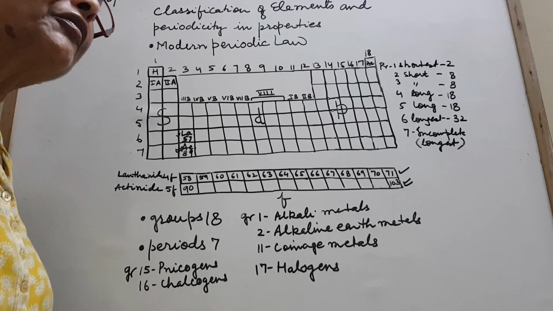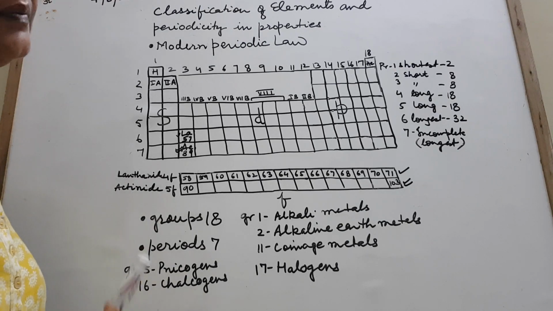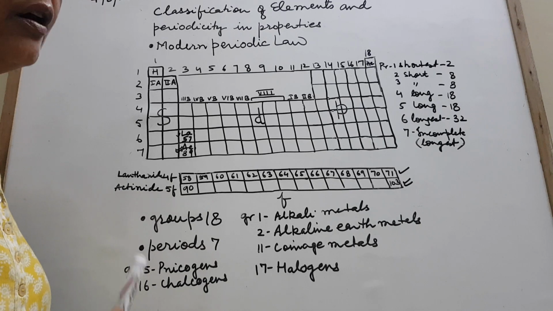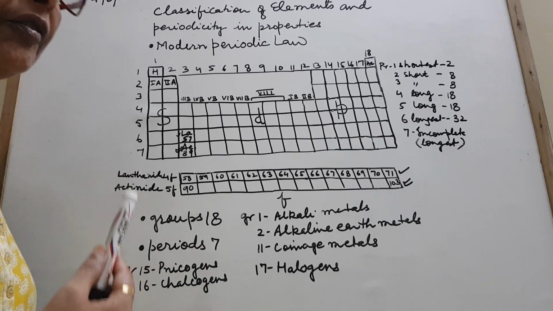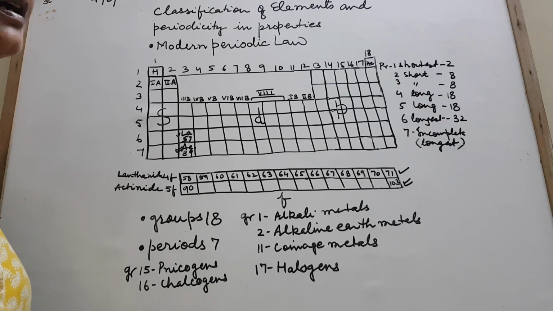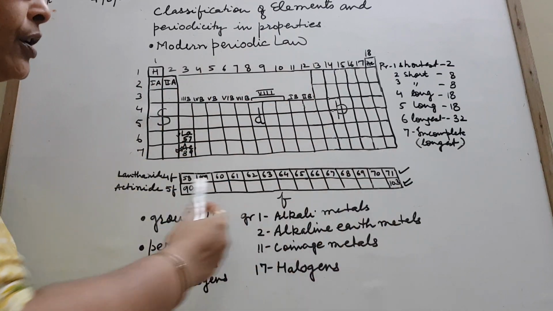It says that the physical and the chemical properties of the elements are the periodic function of their atomic numbers. I repeat, the physical and the chemical properties of the elements are the periodic function of their atomic numbers. Right? Then children, we have to study this whole modern periodic table.